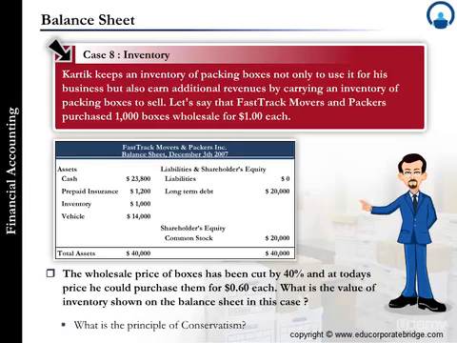What is the value of inventory shown in the balance sheet in this case? Because the replacement cost of his inventory, that is $600, is less than the original recorded cost, that is $1,000, the principle of conservatism directs the accountant to report the lower amount, that is $600, as the asset's value on the balance sheet.